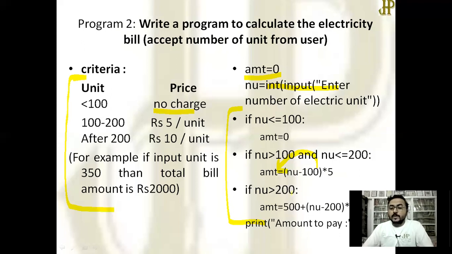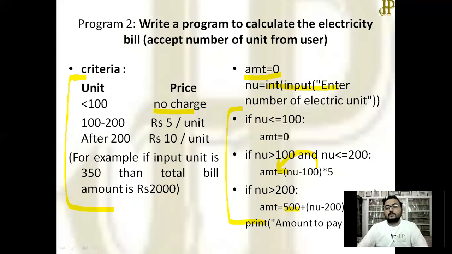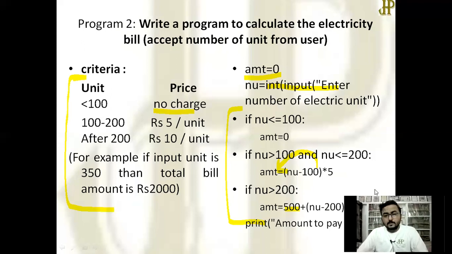From 100 to 200, there will be 100 units. Okay. So 100 into 5, 500. 500 will be calculated, as simple as it is. Now, whatever is extra, more than 200, is (NU minus 200) into 10. So this will be the actual amount. So I think it is very clear. Now I'm not going to show you practically. Clear?